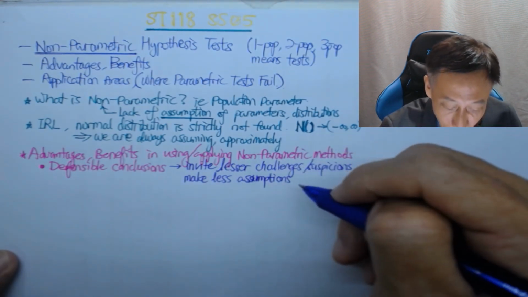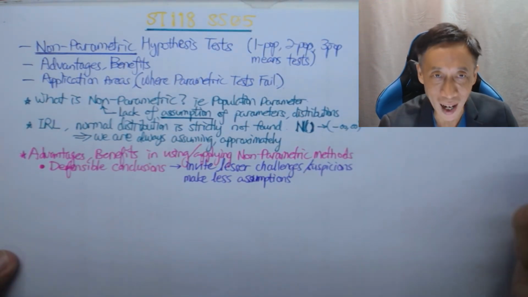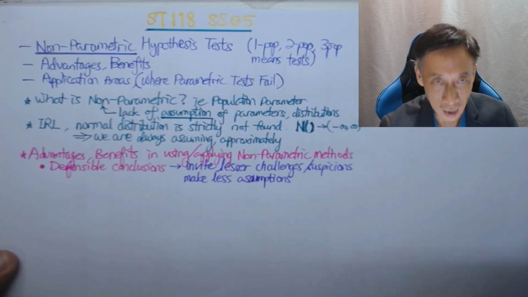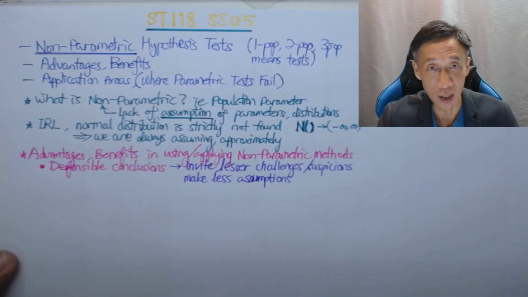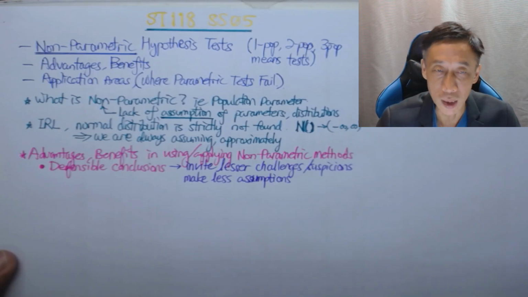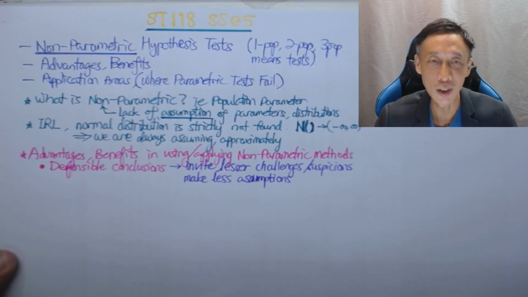So that's why your conclusion is less susceptible to attacks, such as you said we should reject H naught by making the assumption that the test scores are normally distributed. But look, test scores are not really normally distributed. They're not symmetrical, right? And then we have a problem.